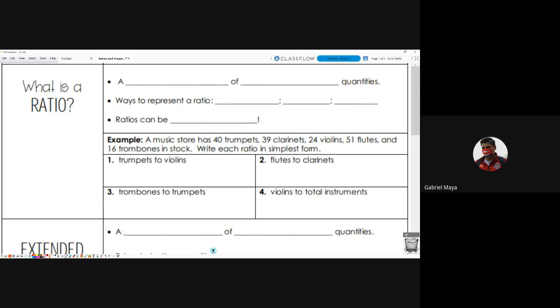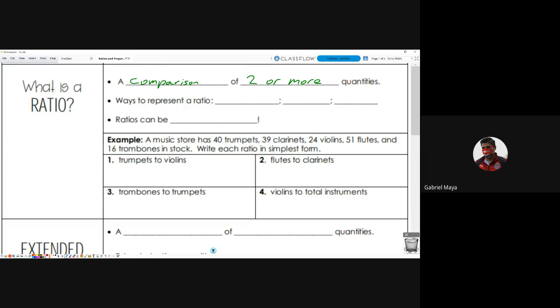Well, a ratio is a comparison of two or more quantities. And there are ways to represent a ratio.